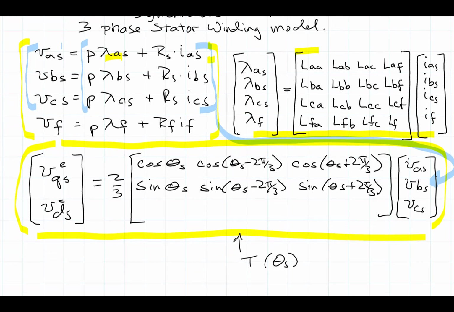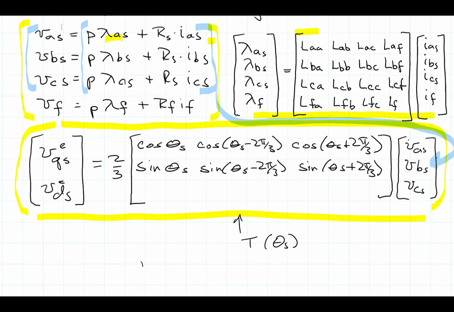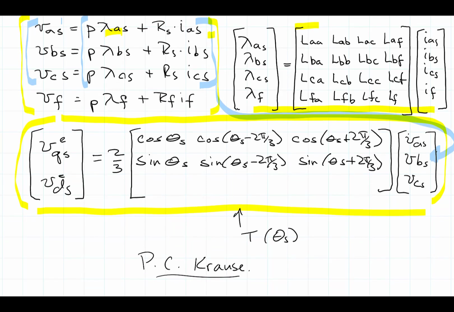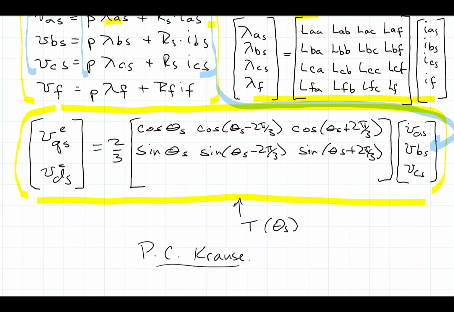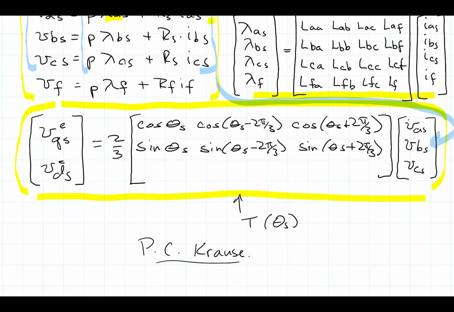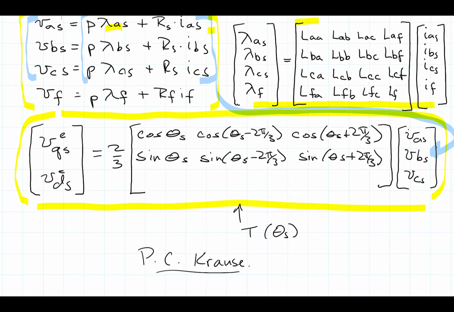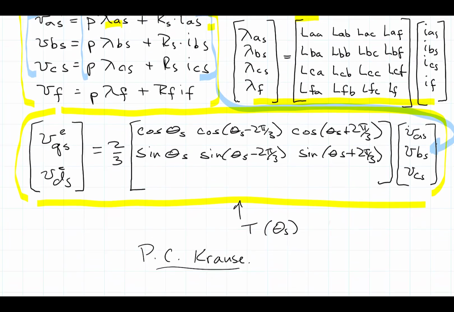There's a great book by someone by the name of P.C. Krause that really explains this well, and I can't remember the title off the top of my head. But anyways, the end result is that we are going to come up with a much simpler set of equations.